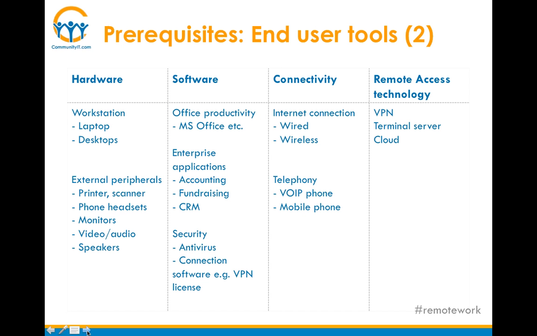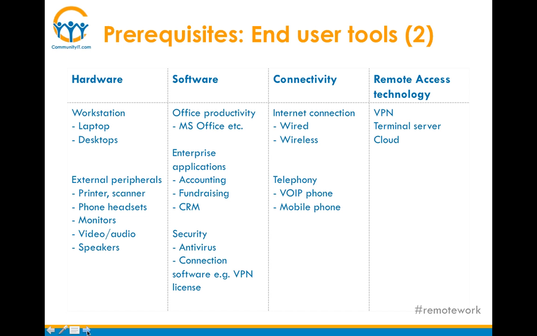In terms of connectivity, you need an internet connection, and you need to look out for the speed on those. You can either have a wired connection, use wireless, or there are some broadband cards out there too that can be useful. In terms of telephony, you need a phone, VoIP, which is very common these days, or a mobile phone.